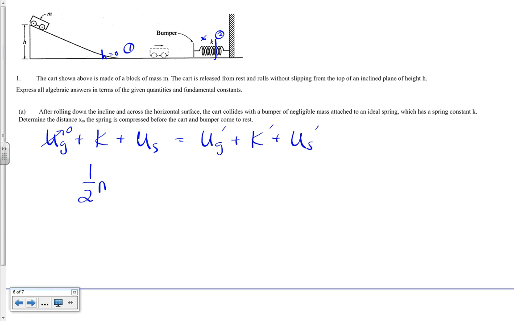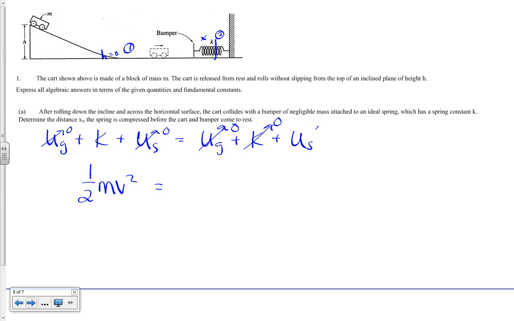Yes, because we're moving. Spring potential? Not yet. Gravitational potential? Still no. Kinetic? No, because when that thing is fully compressed, the velocity goes to 0. If it still had velocity, it would still be compressing it. So when the spring is all the way compressed, the velocity goes to 0.